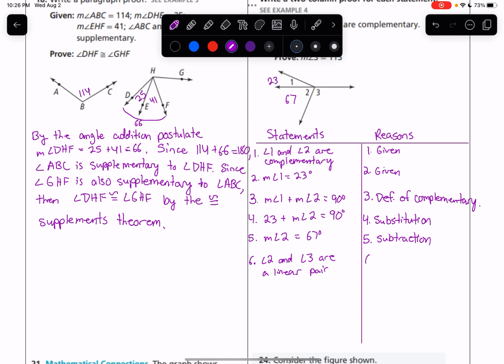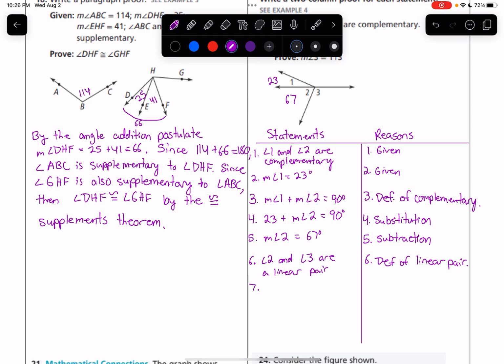And I know that because look at them, right? Looking at them, they make a line. So that would be the linear pairs theorem. No, it wouldn't be. It would be the definition of linear pair. I'm so sorry. The definition of linear pair. Right? And what do we know about linear pairs?